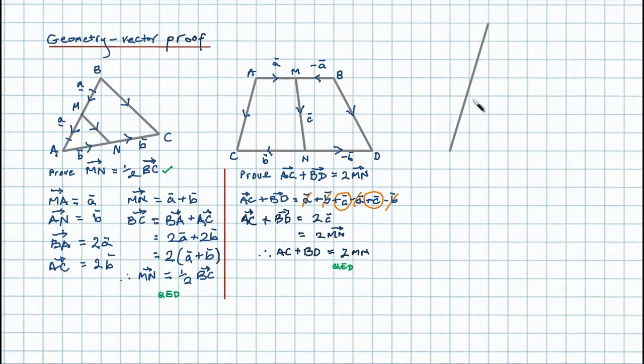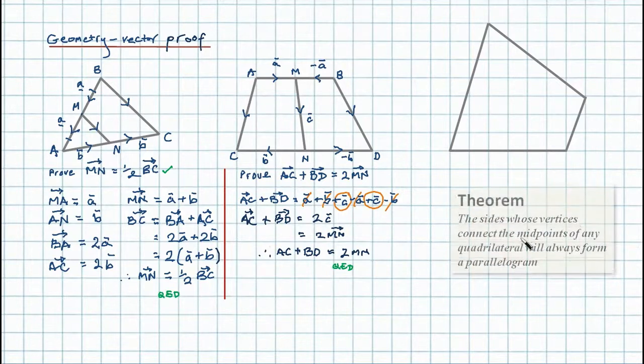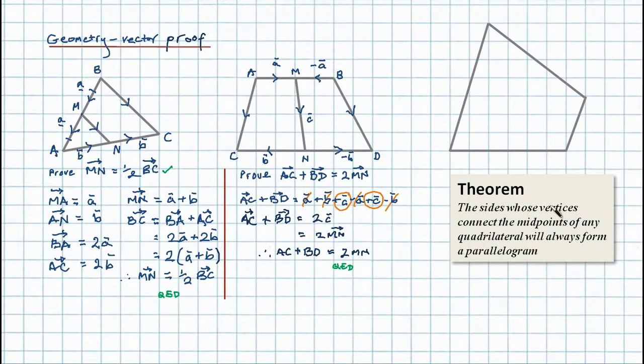One more then, and I'm going to draw now a quadrilateral. And what I want to do is join the midpoints, because I want to prove this theorem. The sides whose vertices connect the midpoints of all four of these sides.